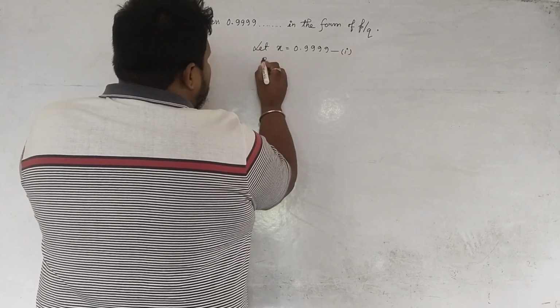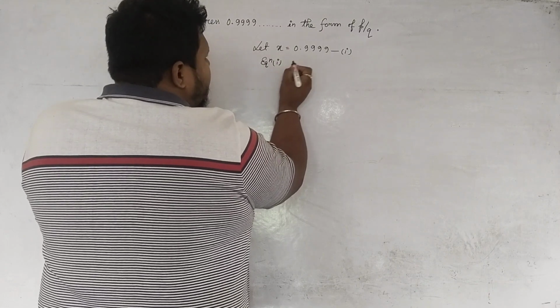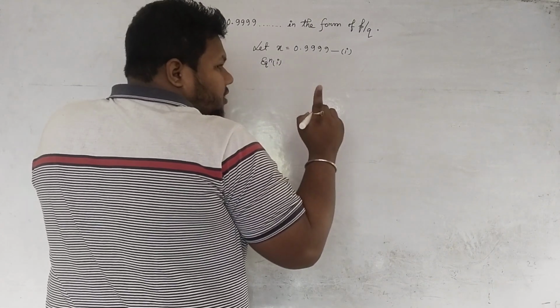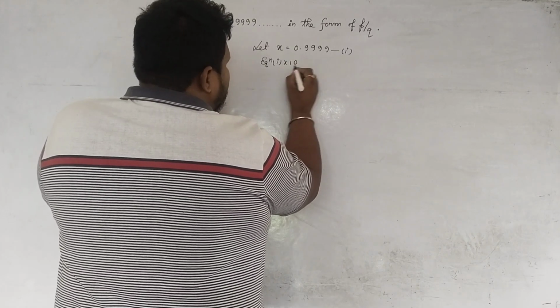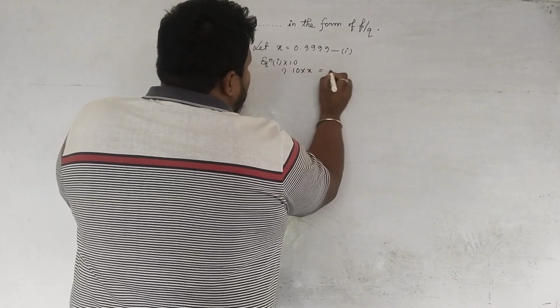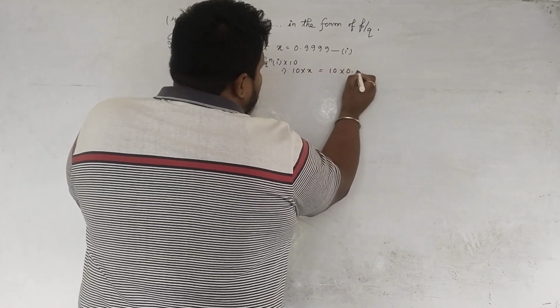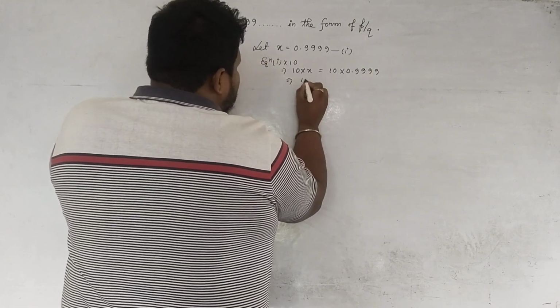Next thing, you see what digit is repeating? Only 9 is repeating, that means one digit is repeating. So equation 1 into 10. So here 10 into x, and this side also 10 into 0.9999... 10 into x is 10x.